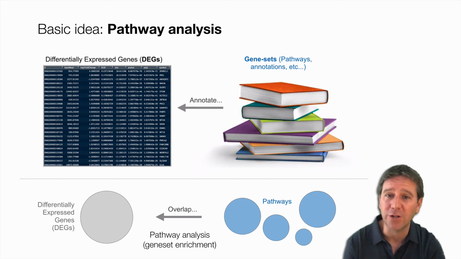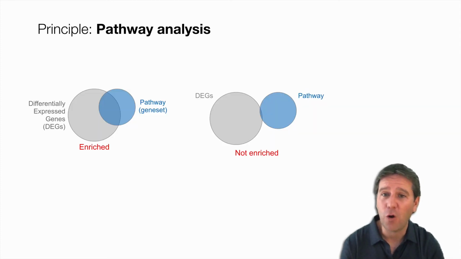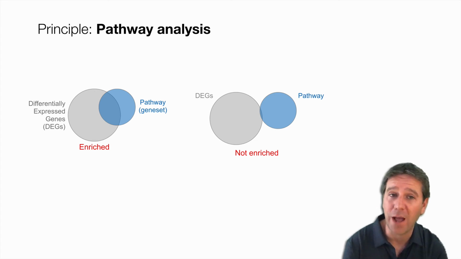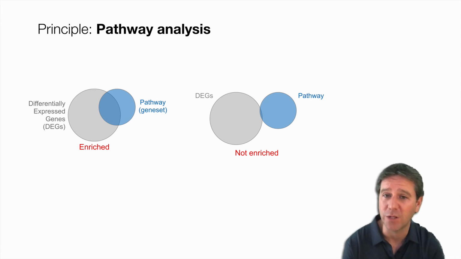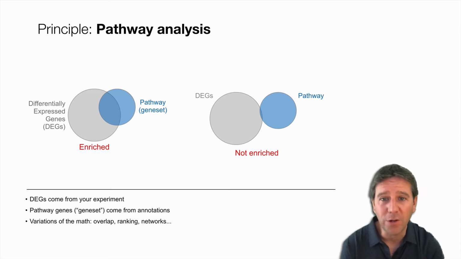That's the gray circle here. These are our experimental results, our gene set, and we look to check for their overlap, or more formally, are the differentially expressed genes here enriched for a particular pathway or gene set from our set of available gene sets from these databases.